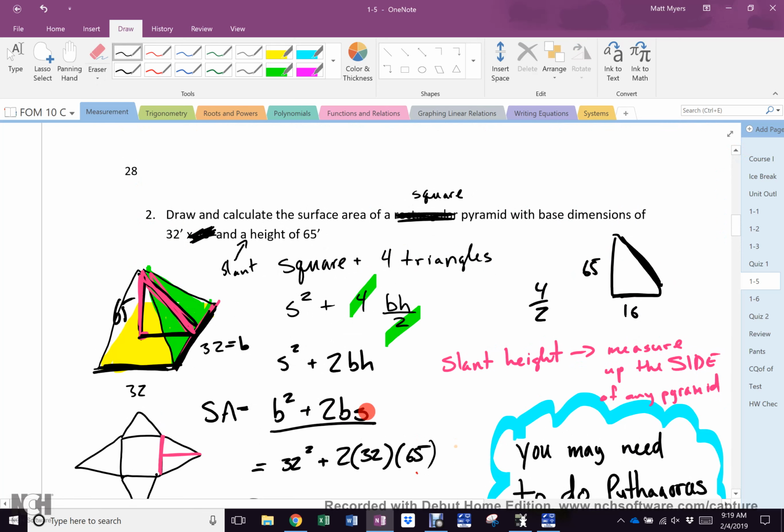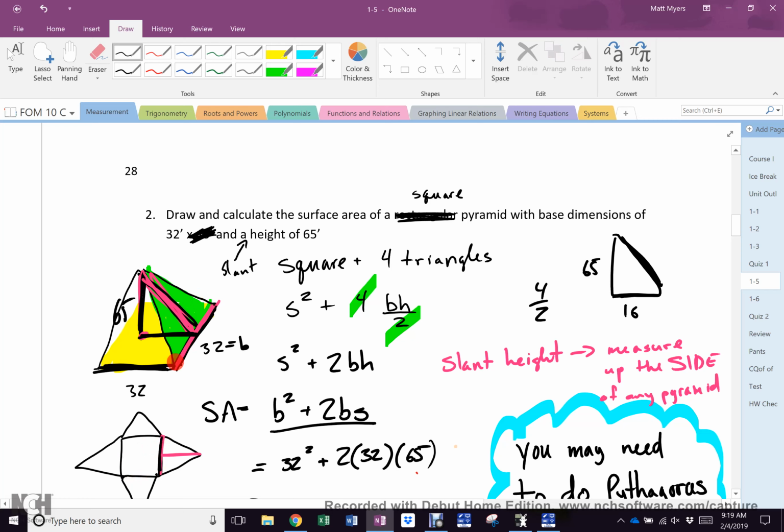Why did I switch? Oh, right. Because in a square, we want to call this a side, right? In a square, it's not a length or a width because they're exactly the same thing, so we always call it a side. But that doesn't work in a prism or a pyramid because this line right here is the side of the square, but it's also the base of the pyramid.